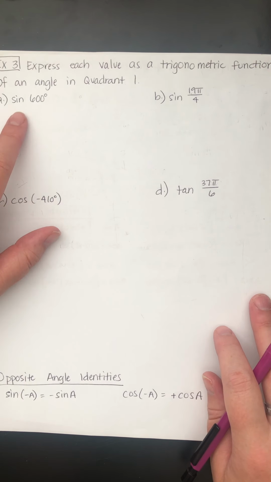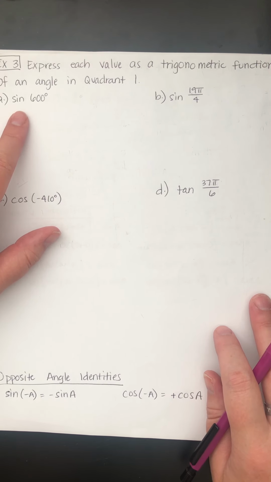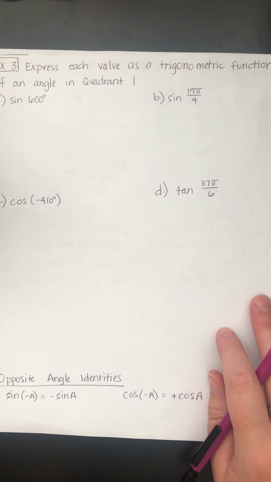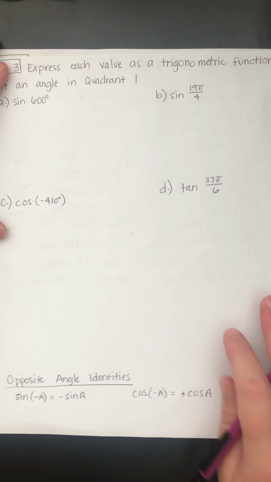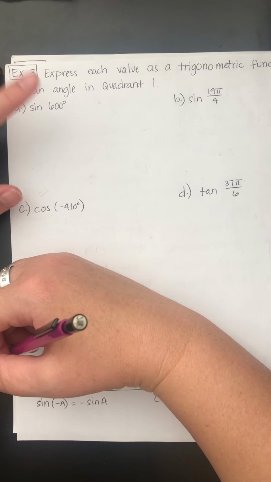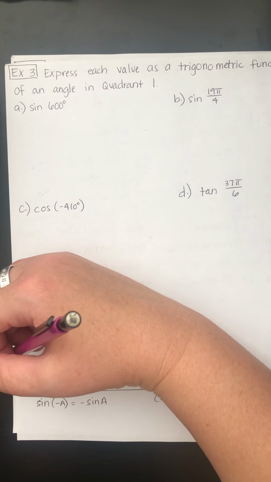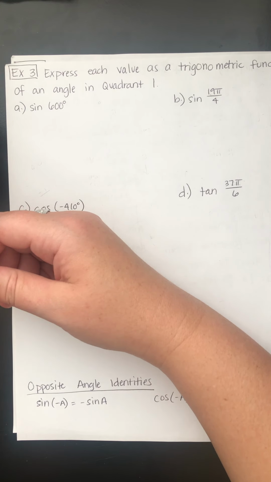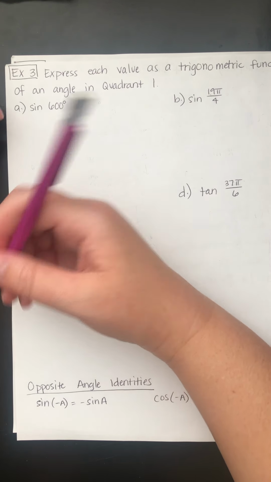So they told us the sine of 600 degrees. We're going to work with sine, okay? You need to relate this 600 degrees to an angle in the first quadrant. So if we were to add something to 600 degrees, let's see if it's going to be an odd multiple of 180 or if it's going to be a multiple of 360.